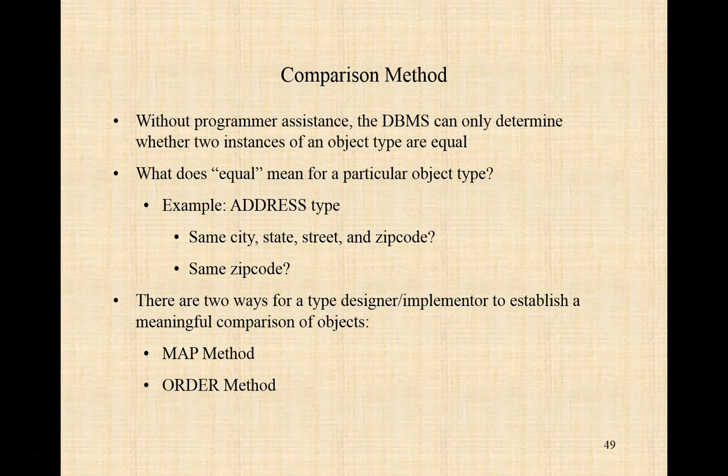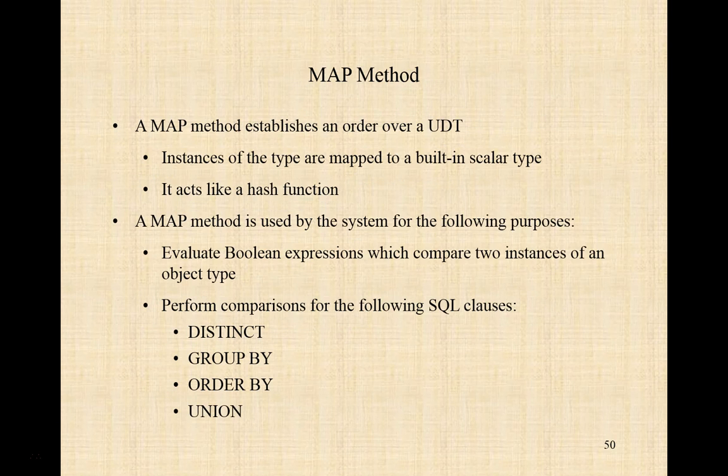Furthermore, when we do answer the question, our answer may affect our choice of comparison methods, whether we use a map method or an order method. So when defining object types, we have these two options, but we have to give some thought before we decide upon which one.